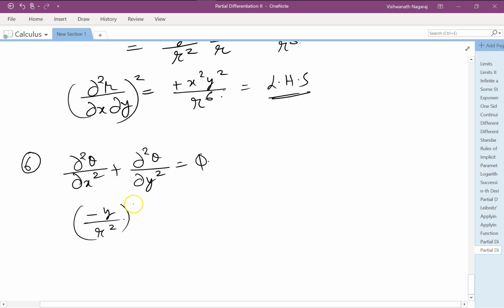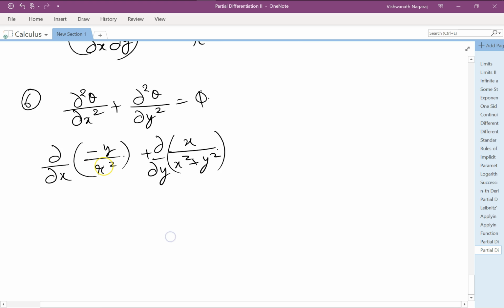Now we have to differentiate it with respect to x again, plus dou theta by dou y, which is x by x square plus y square, and we have to differentiate with respect to y. Okay, again I missed this: x square plus y square is nothing but r square, right? Okay, so let's do this.